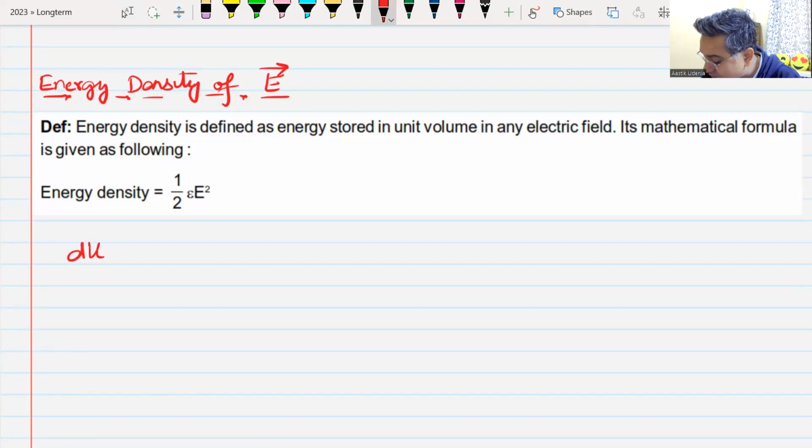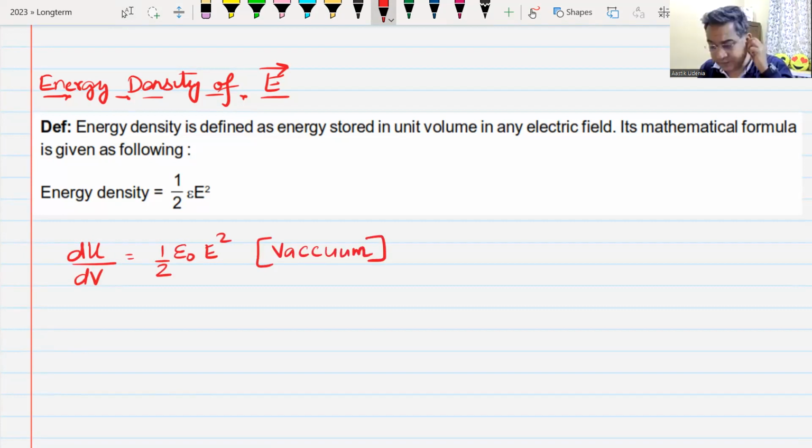du by dv, small energy stored in small volume, is half into epsilon, where epsilon is the permittivity of the medium. If it is vacuum, I can write it as half epsilon naught into E square. This is the formula for vacuum. If it is any other medium, it becomes half epsilon into E square. Do we understand this? Yes, sir.